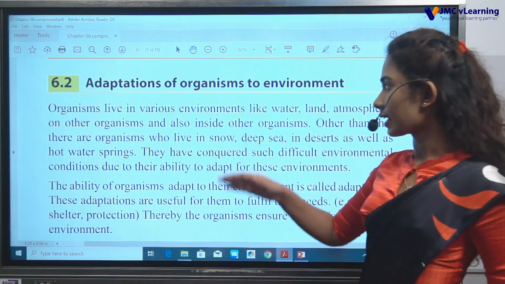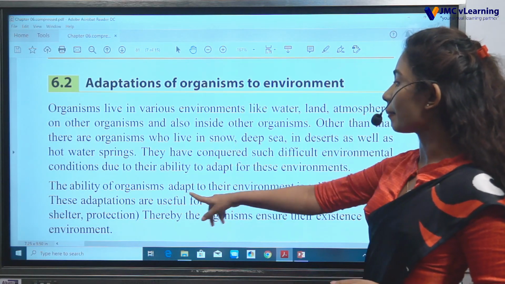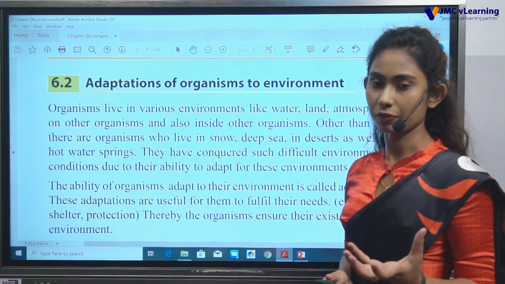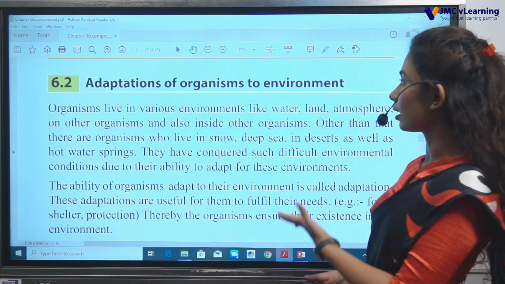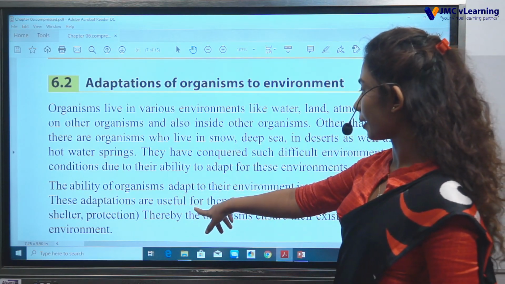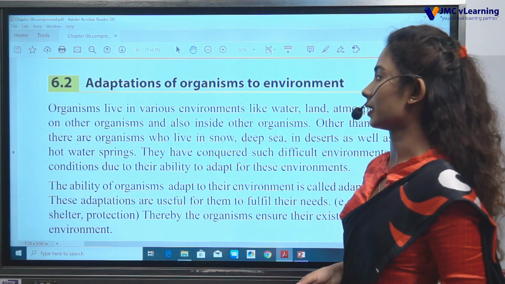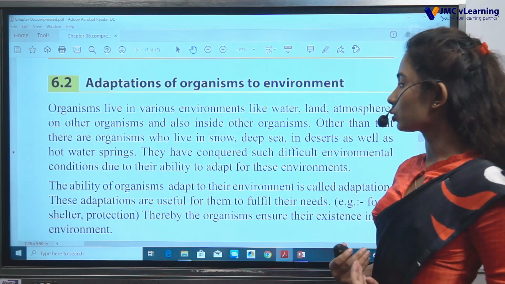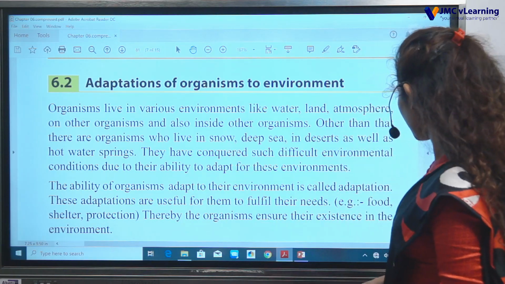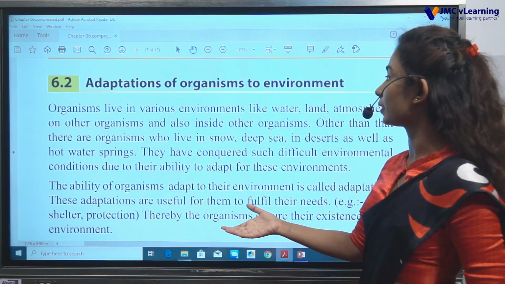Clear? That is adaptation. We can define adaptation as the ability of organisms to adapt to their environment. That ability is called adaptation. These adaptations are used by them to fulfill their needs. It is very important. Why? They want to live peacefully in the right environment, with food, shelter and protection supplied from the environment.